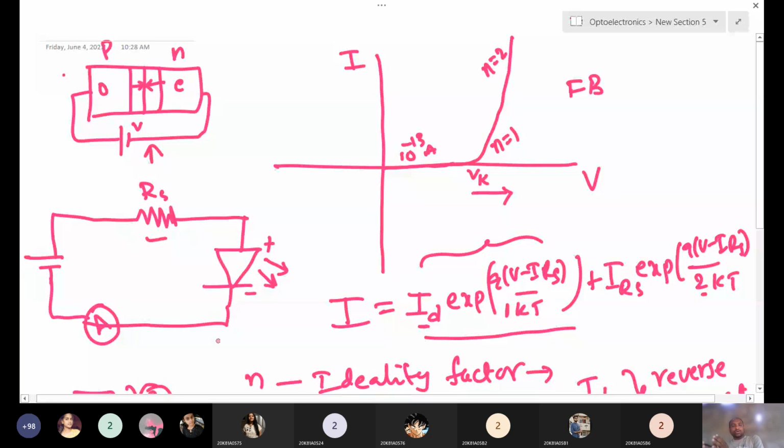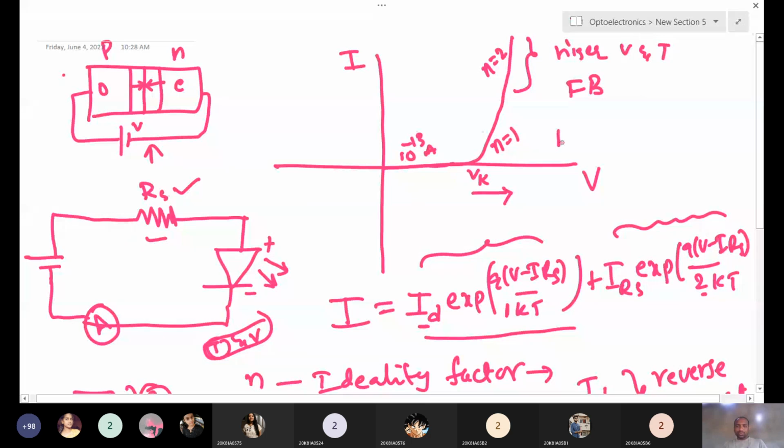Because of this resistance effect, we have one more term, the IRs term: exponential q(V minus IRs) by 2kT. This region is due to higher voltage or higher temperature. This other term is for lower voltage or lower temperature, the n equal to one region.